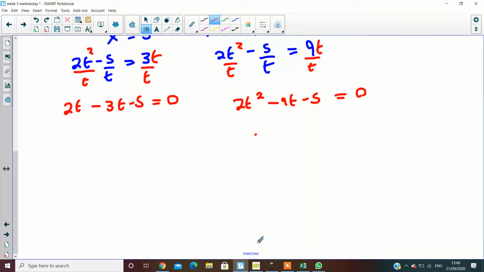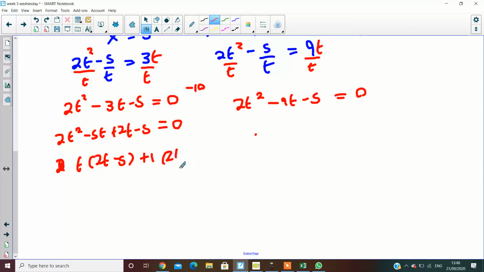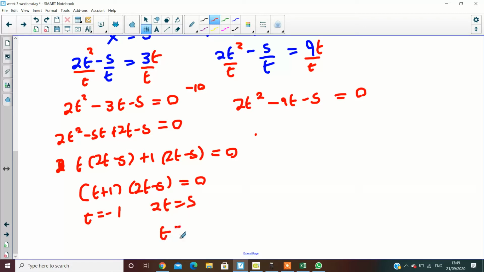I do these using a reference number, so I have minus 10, so this one's going to be 2t squared minus 5t plus 2t minus 5 equals 0. t into 2t minus 5 plus 1 into 2t minus 5. Okay, t plus 1, 2t minus 5. That's fully factorized, yeah? t equals minus 1, 2t equals 5, t equals 5 over 2.